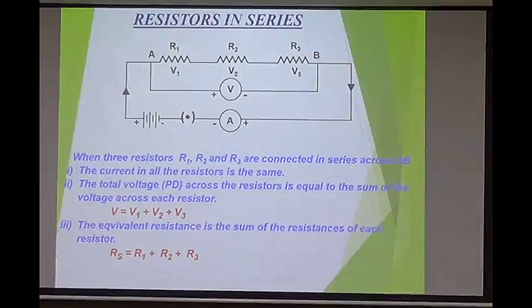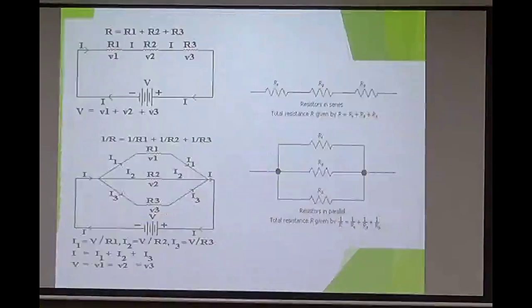I is on both the sides, you can cancel. And then you will get the equivalent resistance is the sum of the resistance of each resistor. Therefore, the total resistance R is equal to R1 plus R2 plus R3. So, in these circuits, we have series combination. Capital V is V1 plus V2 plus V3.